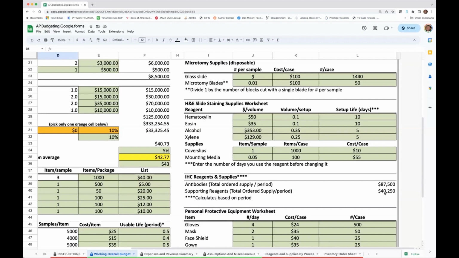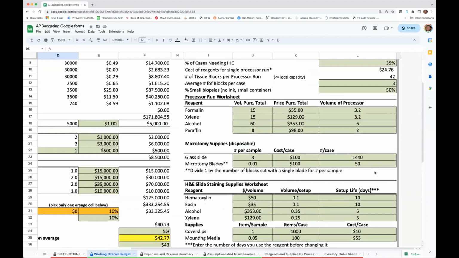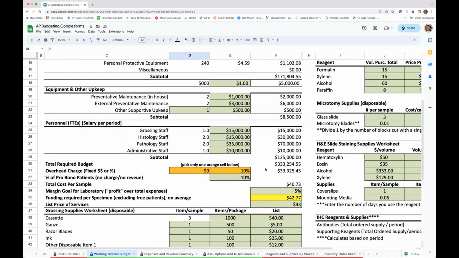And remember, we said this is going to be for 3,500 patients. If we divide that by 3,500, if we wanted to make patients pay for their immunohistochemistry in this model, we'd say, okay, you have to pay whatever the fee is plus an extra $36.50, right? And that's going to cover our costs.